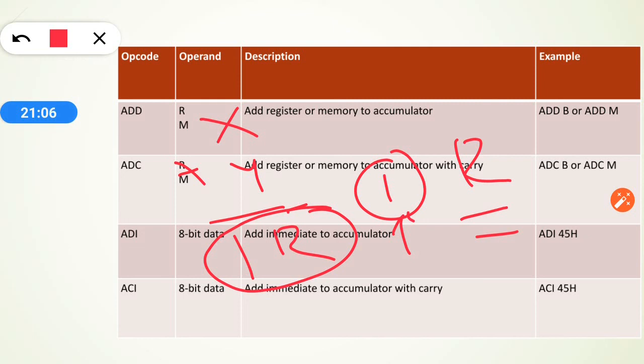Remember we are dealing with 8-bit data, that means we are adding 8-bit numbers, but the result may be 9-bit. So the ninth bit is your carry. At that time we have to add that carry with the third number. Only then is the addition result correct, otherwise it is not correct.